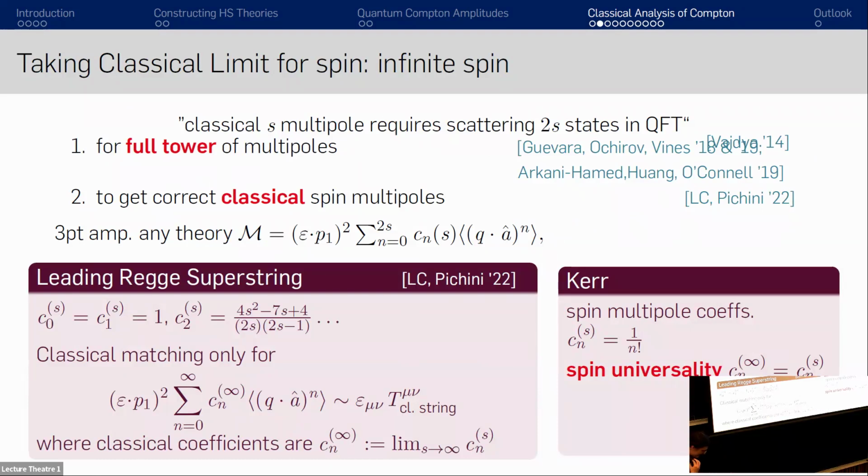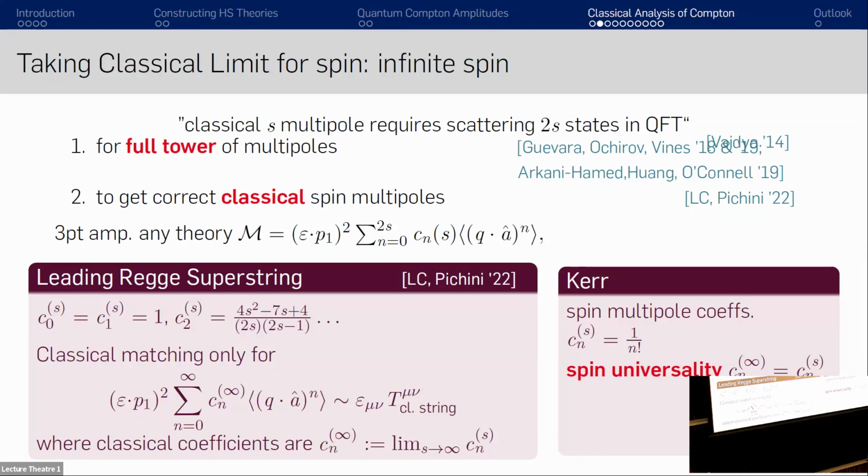So it depends what you want from your theory. It's just to say at 3 points, you can write any 3-point amplitude in this basis where you have this structure of your spin multipole and some coefficient. And in general, for a generic amplitude, this coefficient depends on the spin of the state that you're scattering, right?